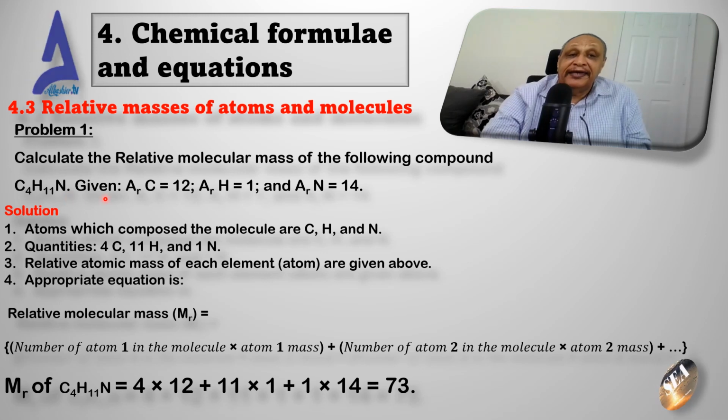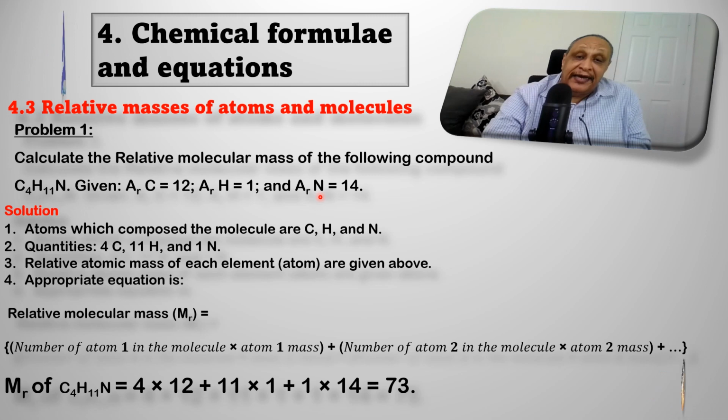C4H11N. Given, that means some information is given to you: relative atomic mass of carbon equals 12, relative atomic mass of hydrogen equals 1, and relative atomic mass of nitrogen equals 14.